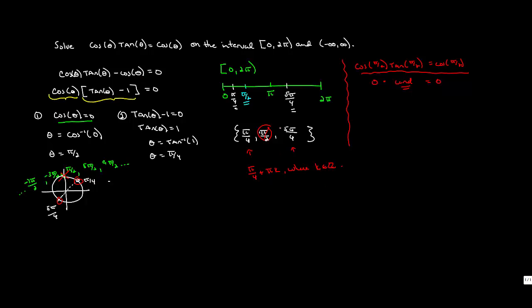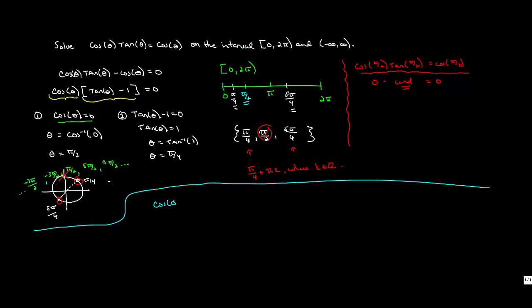So just be careful. Make sure that you move everything over and then you factor. If you don't factor, let me show you what happens. We end up with something that doesn't work. Let's say we had cosine theta times tangent theta is equal to cosine theta. Well, if we divide through by cosine, we just get tangent theta equals 1.